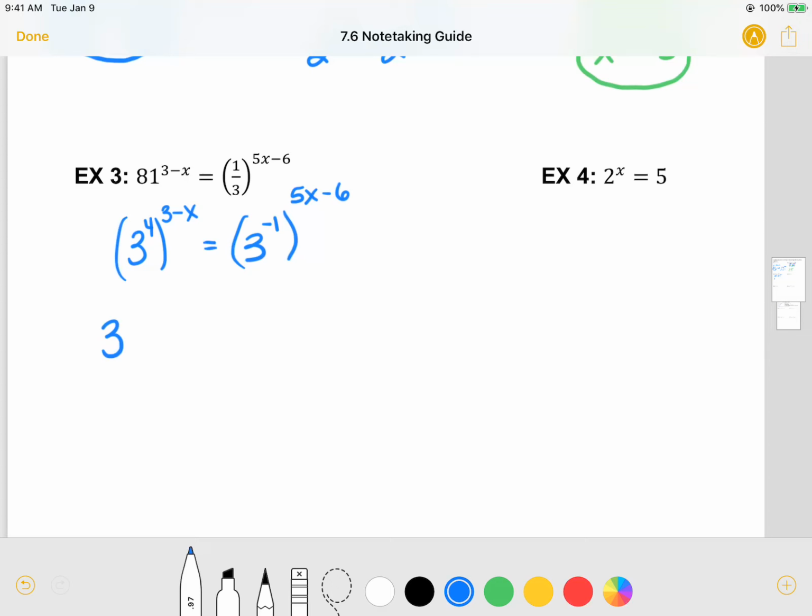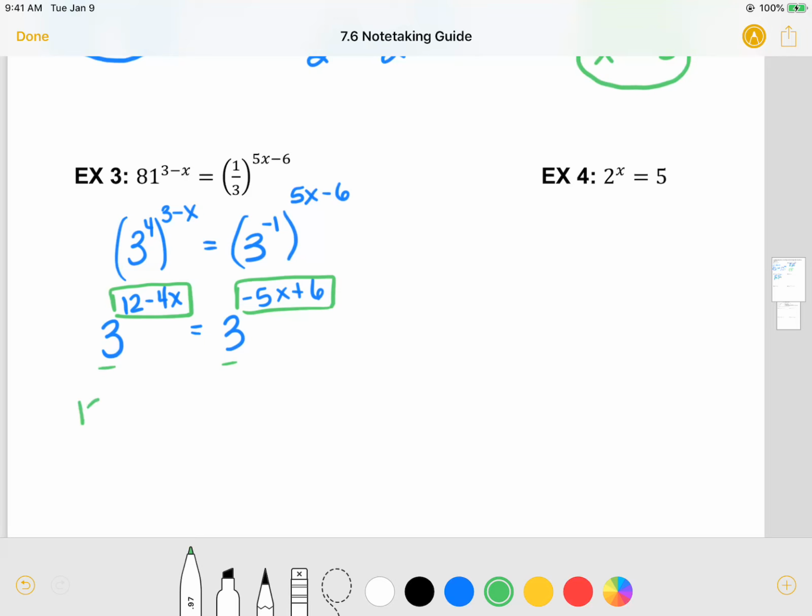So we're going to get 3 raised to the 12 minus 4x, because I have to distribute, and then that's equal to 3 raised to the negative 5x plus 6 because I'm distributing. So now that our bases are the same, we can set our exponents equal.